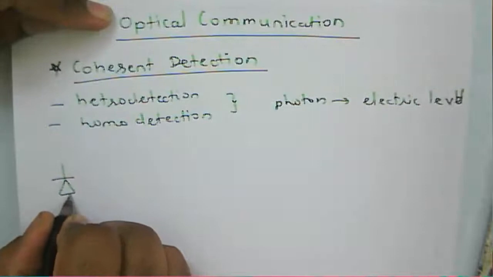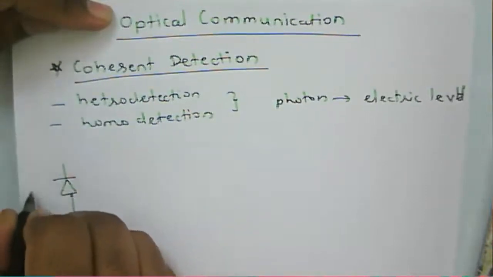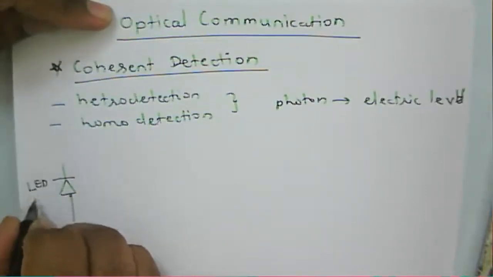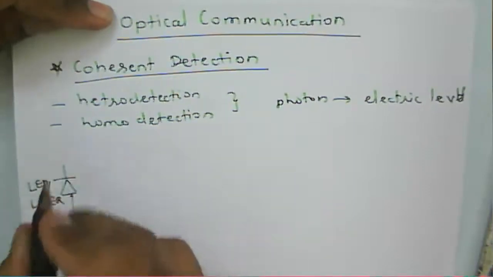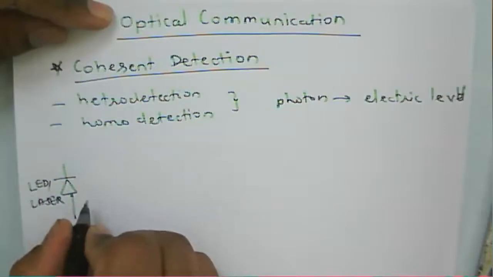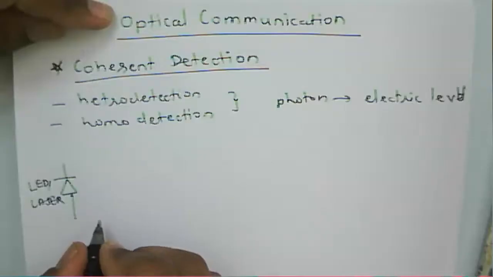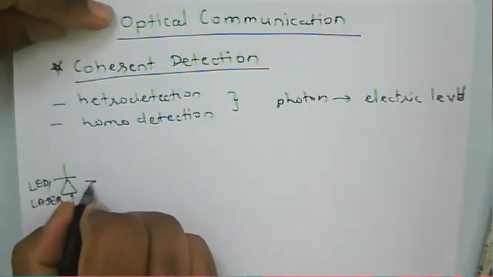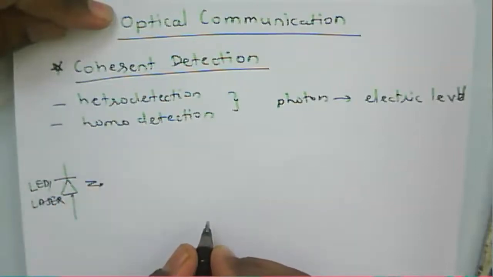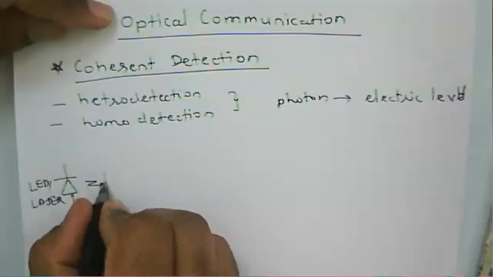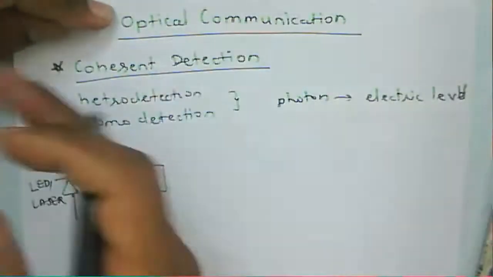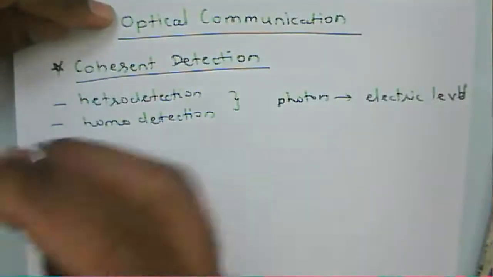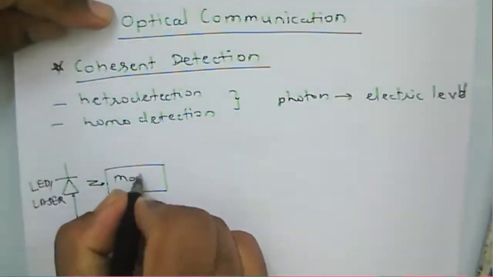So now we say that we have a light emitting diode, or we can say a laser. That is the source. And from that particular source the light is emitted, and then we can use a modulator.